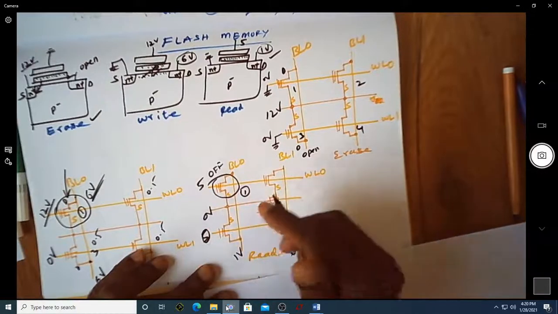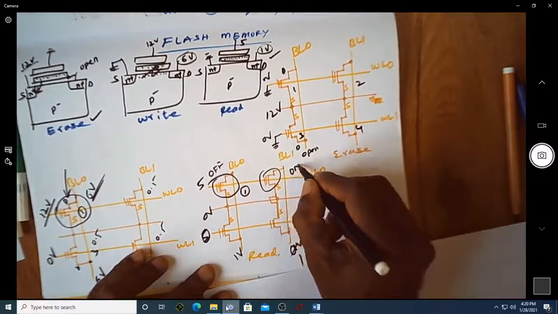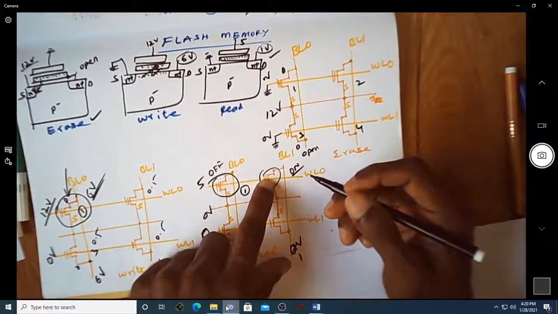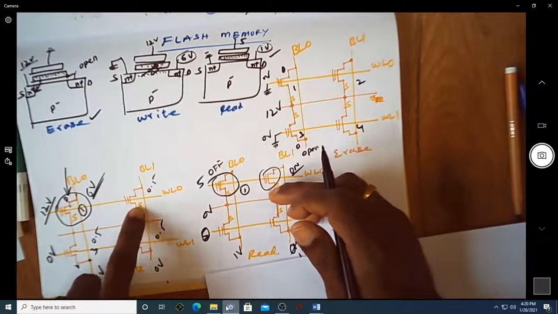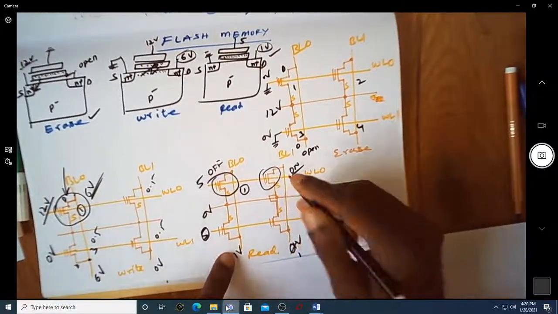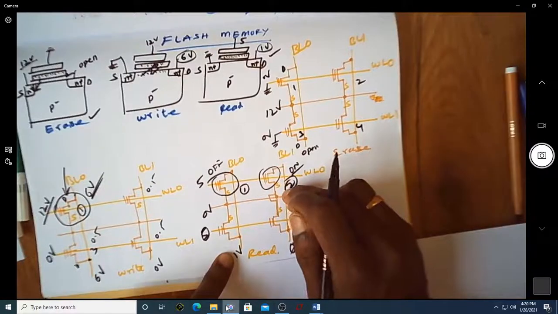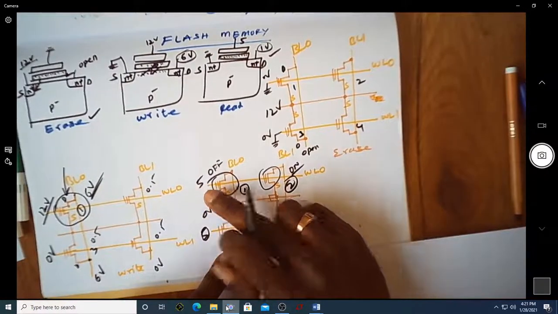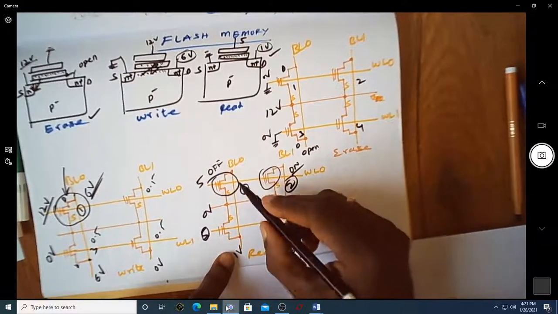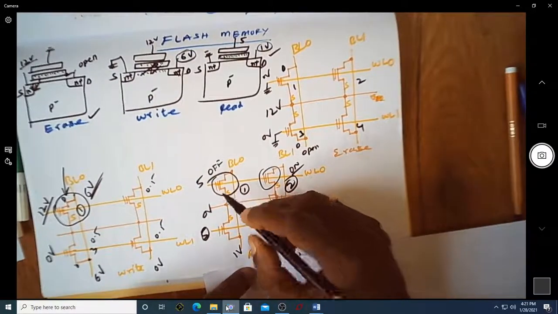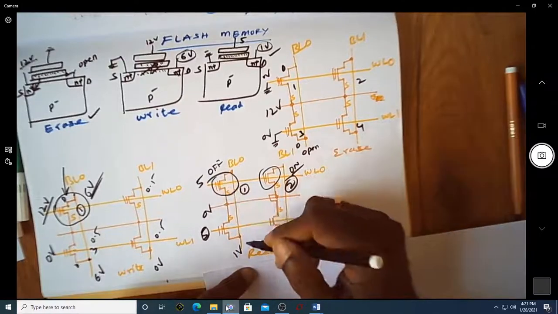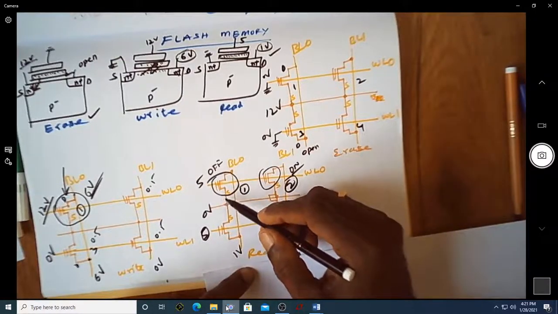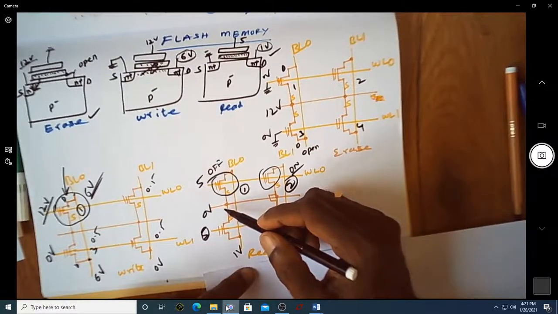In such a case this will be in the on condition, because we have 5 volt applied to this, and in the previous writing process the threshold voltage of transistor 2 was not enhanced. Since its threshold voltage is not enhanced, for a gate voltage of 5 this will turn on. Only this transistor will not turn on whenever the gate is 5, the drain is 1 volt, and the source is grounded.